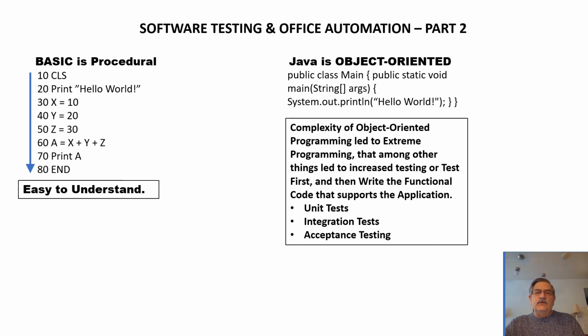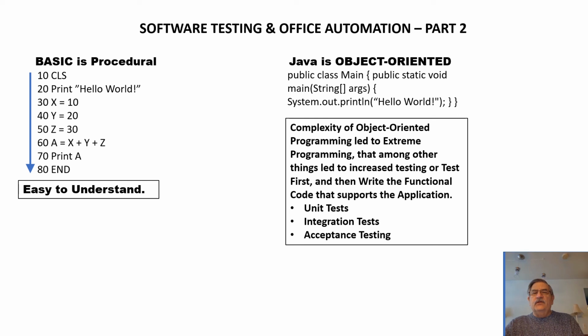And you could do the same unit testing, integration and acceptance testing with procedural code. But it's more important when you use object-oriented programming techniques because the code gets really convoluted. It's hard to understand even for the programmers.